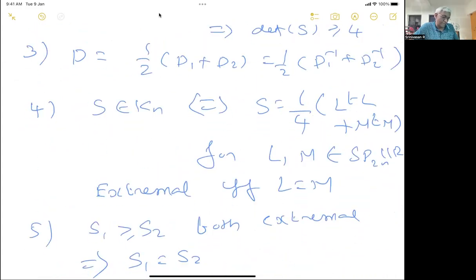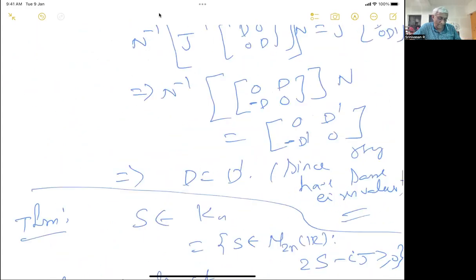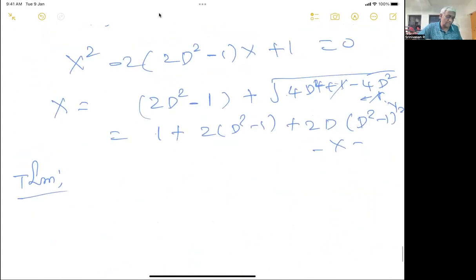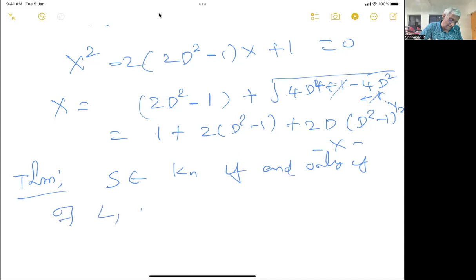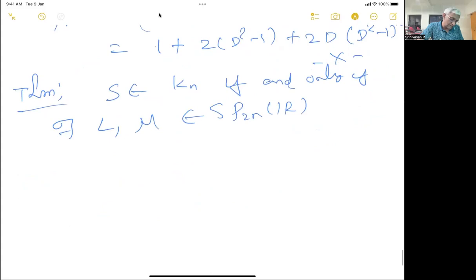It is the theorem. S is in Kn if and only if there exists L, M symplectic, okay, such that S is equal to 1 by 4 L transpose L. See, it has a nice form now.